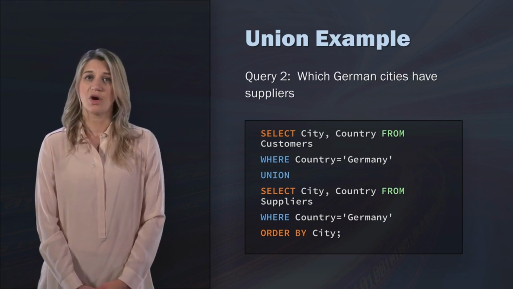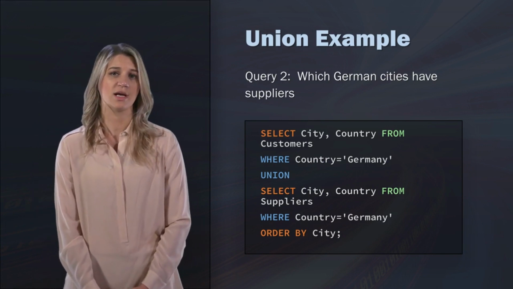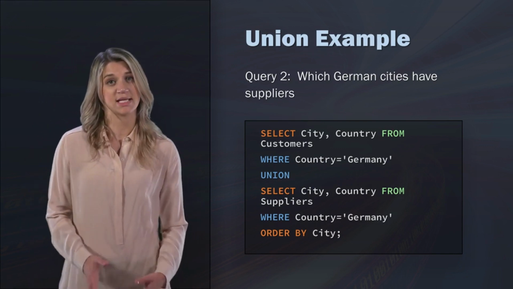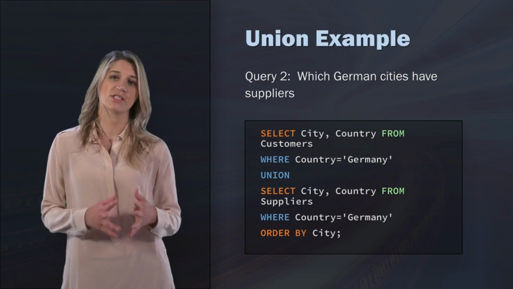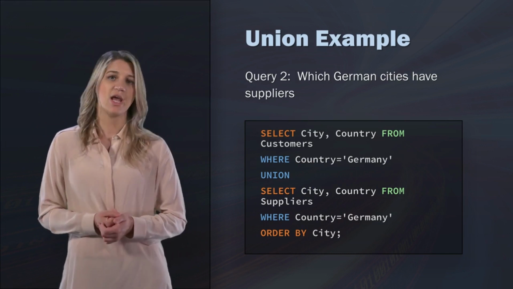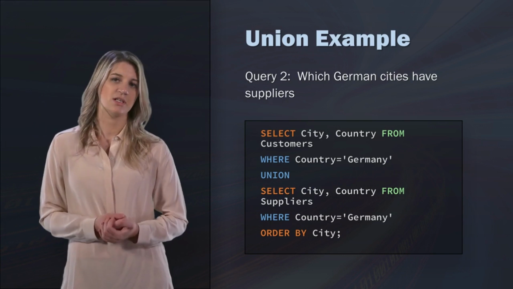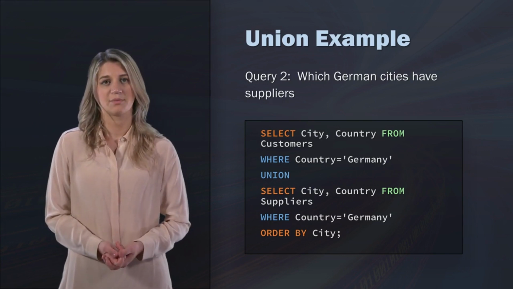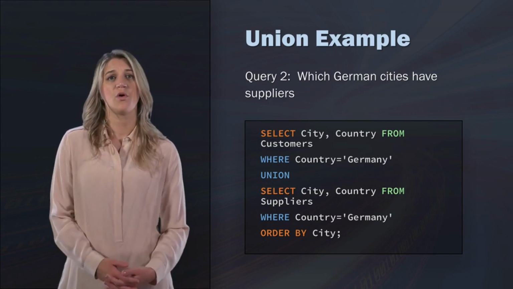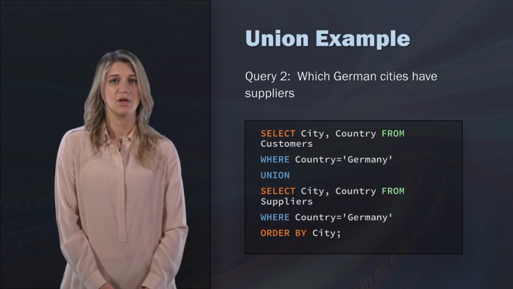For this, we don't have to have the where clause, but we just want to limit to Germany. Then in our second statement, we first say union, and then we write our second statement. So now we're selecting cities and countries, but from the suppliers table. Again, we want just the country of Germany, and we're going to order these by the city name.